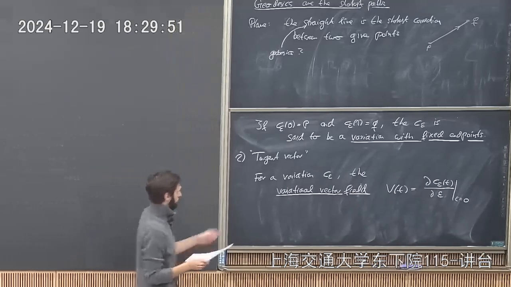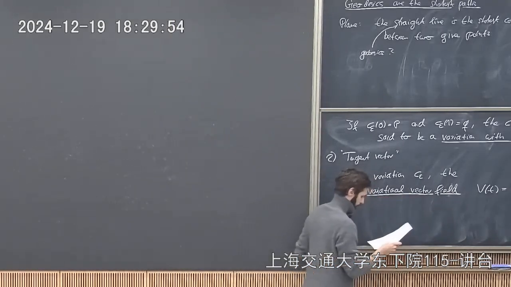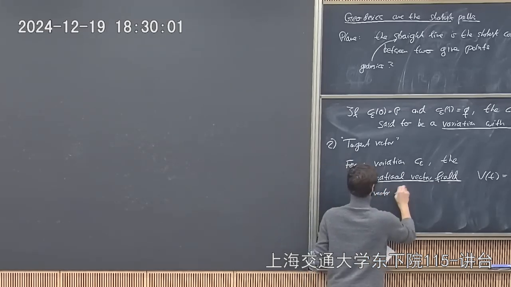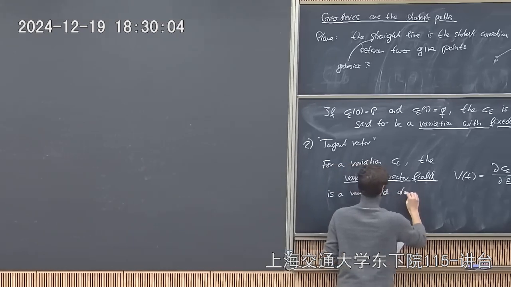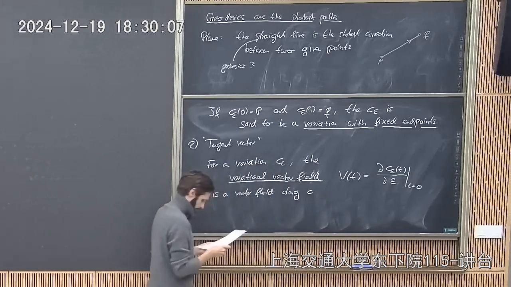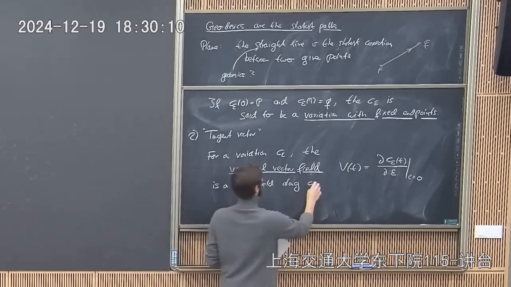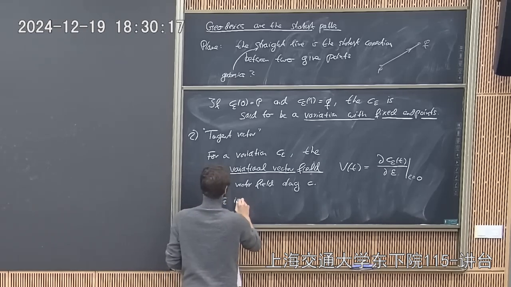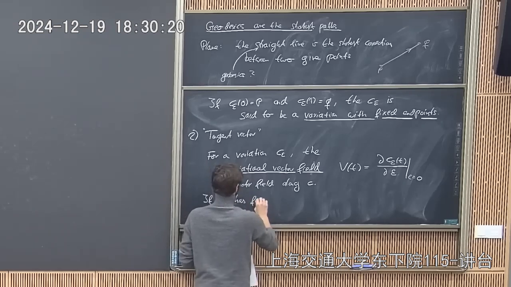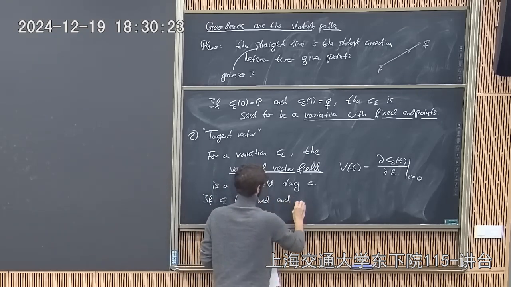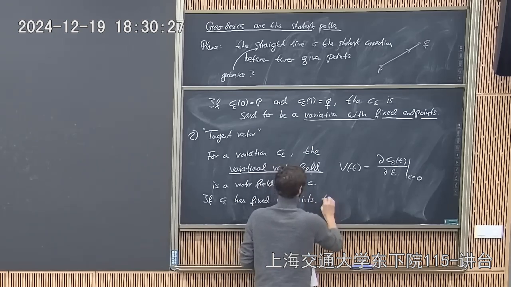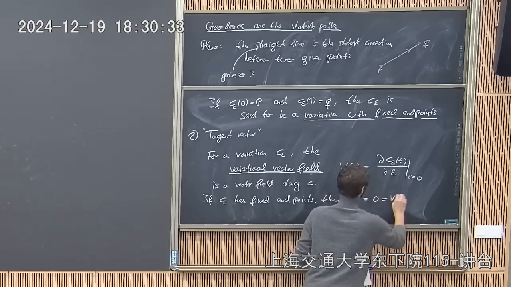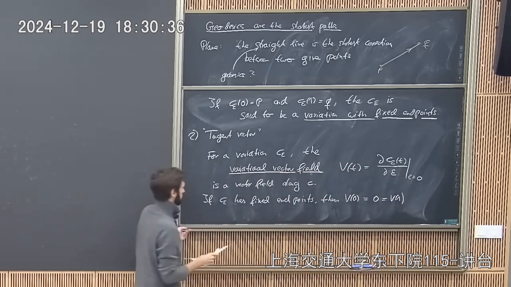And the notation makes sense. It's indeed a vector field, namely a vector field along the original curve C. And if C of epsilon has fixed endpoints, then V at 0 equals 0 and V at 1 also equals 0.